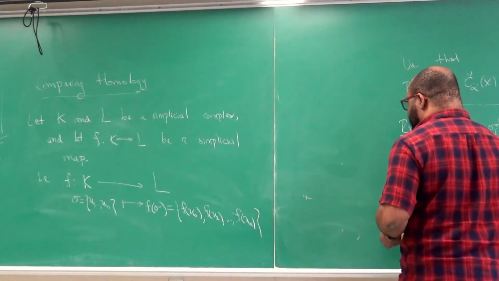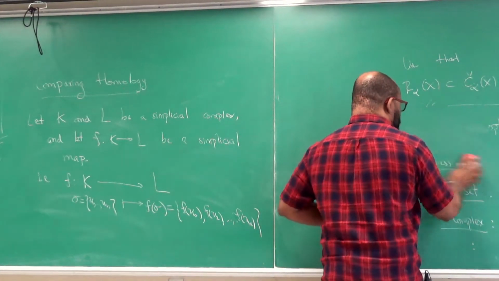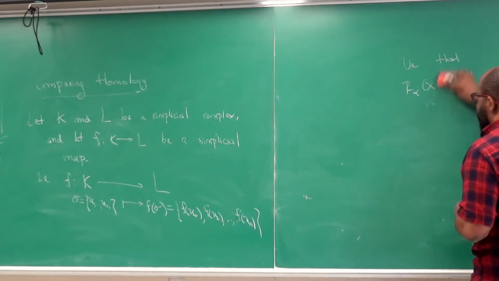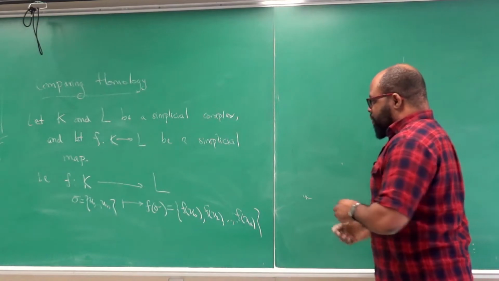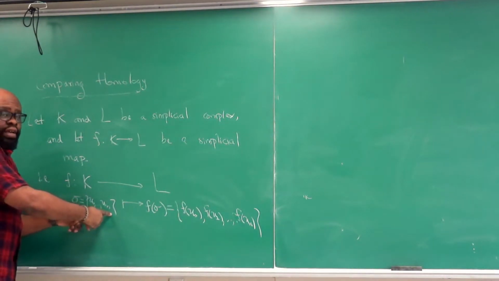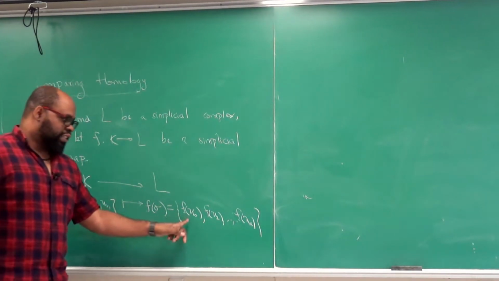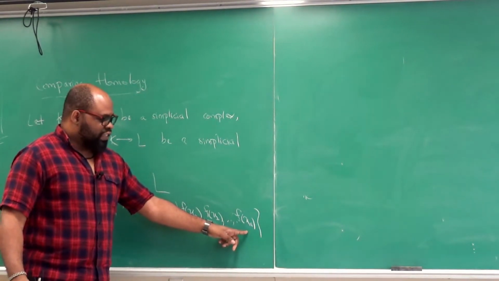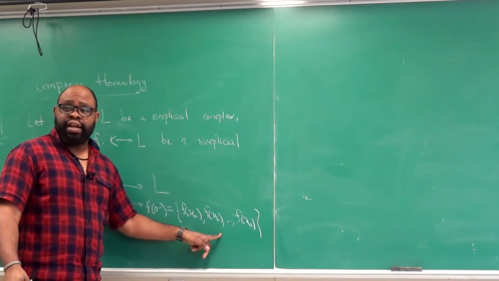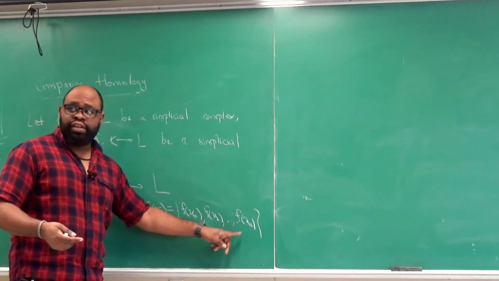So I want to remark two things. The first thing is that here you have n+1 vertices. When you look at this set over here, this has at most n+1 elements, right? There's no reason why all of these have to be different.